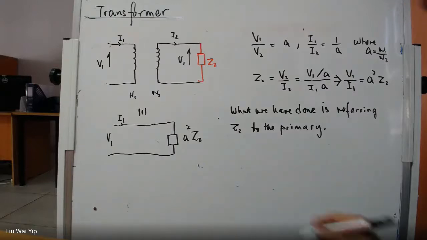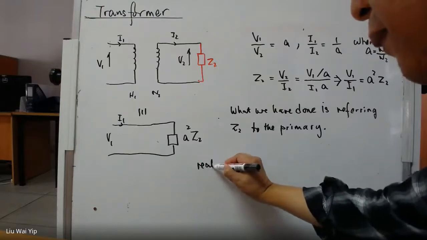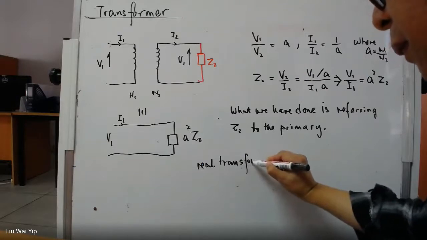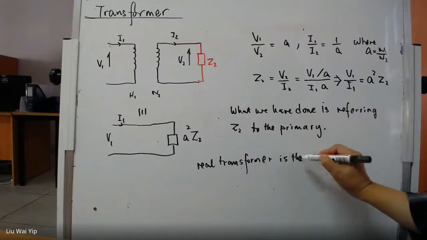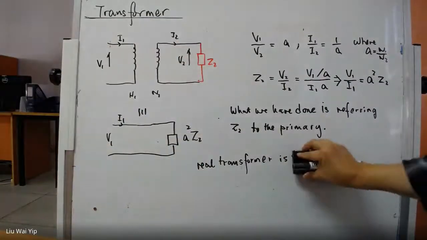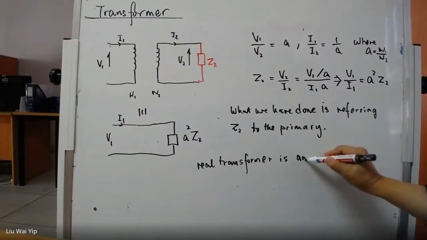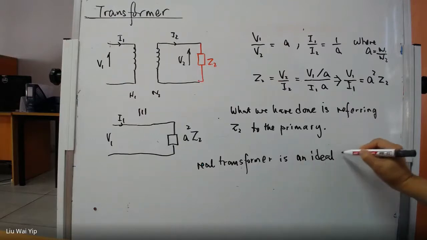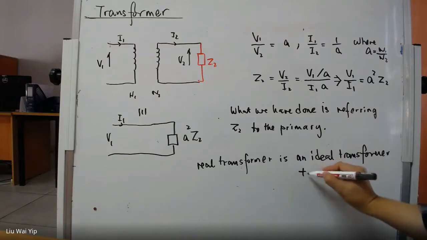They believed the real transformer is an ideal transformer, ideal in the sense that there is no power loss, plus losses.